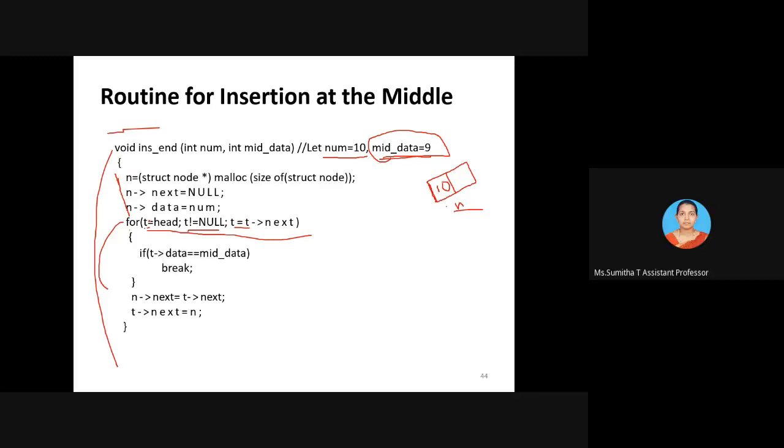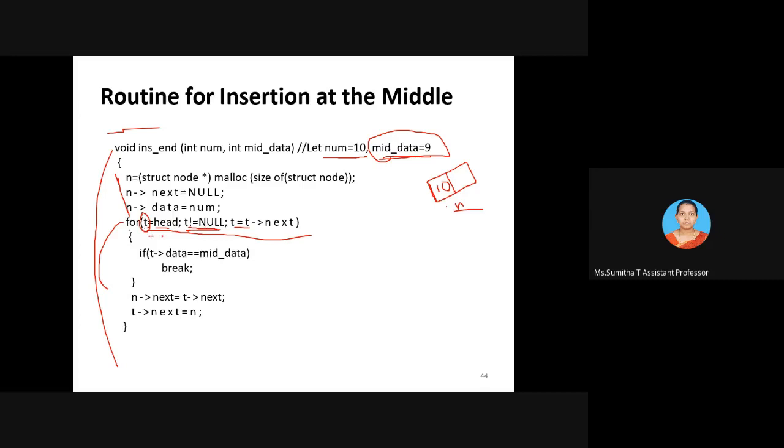Now I start with the head node and end with the tail node. That means mentioned by t not equal to null. It is one temporary variable which is used to travel through the linked list. Start with the head node and end when the loop comes out.